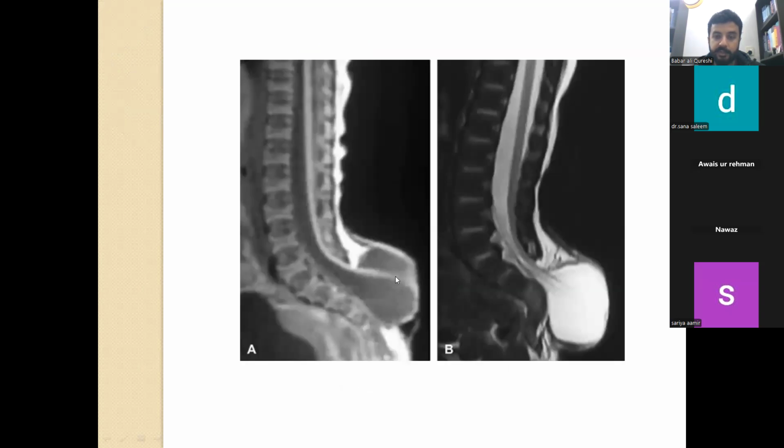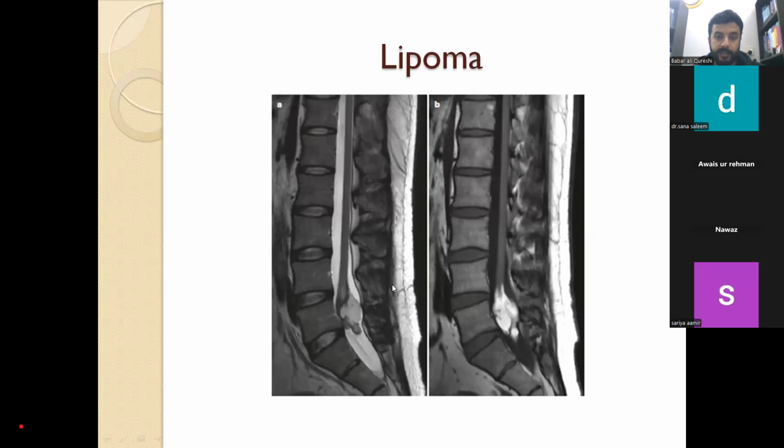These are again pictures showing a part of the theca or the cord is also going inside, and the nerve roots and dysplastic tissue are going inside the swelling that is present at the back.